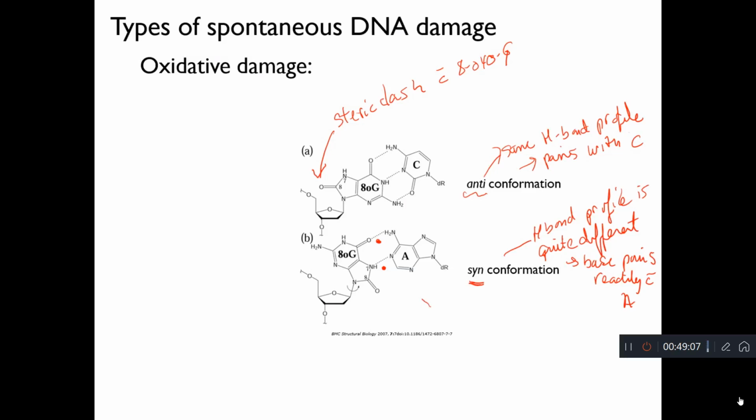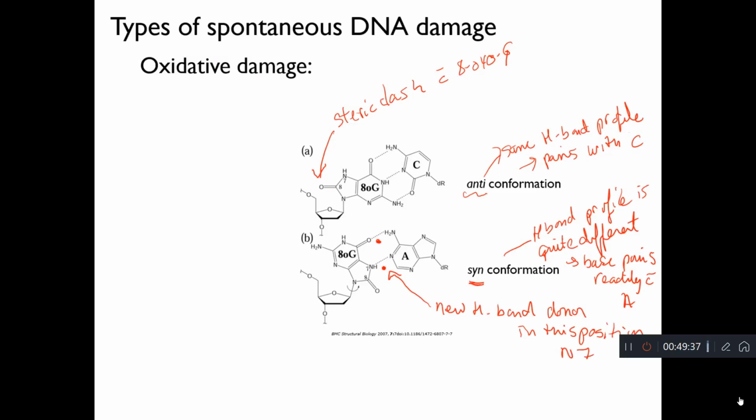Okay, so there is a new H bond donor in this position, and that position is N7. And this kind of facilitates this base pairing with A when it's in the syn conformation.